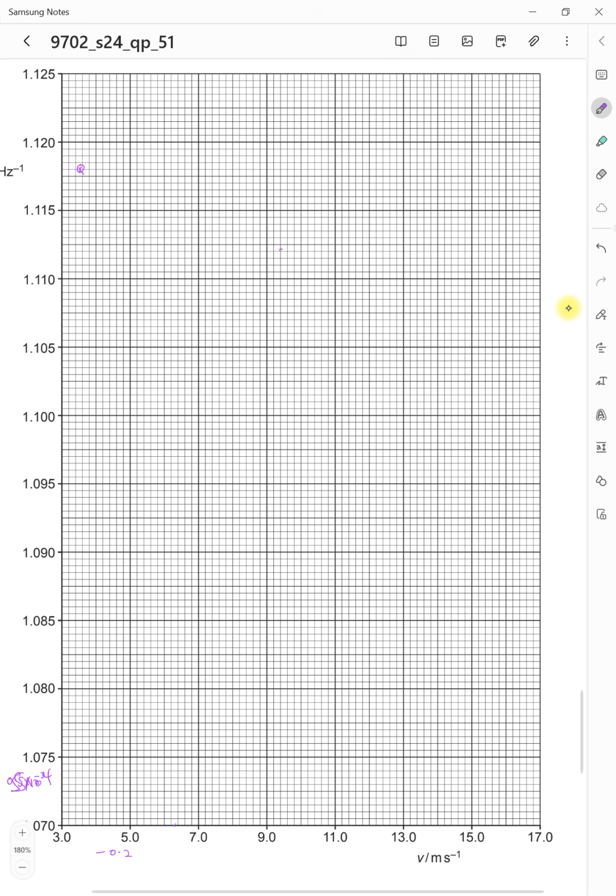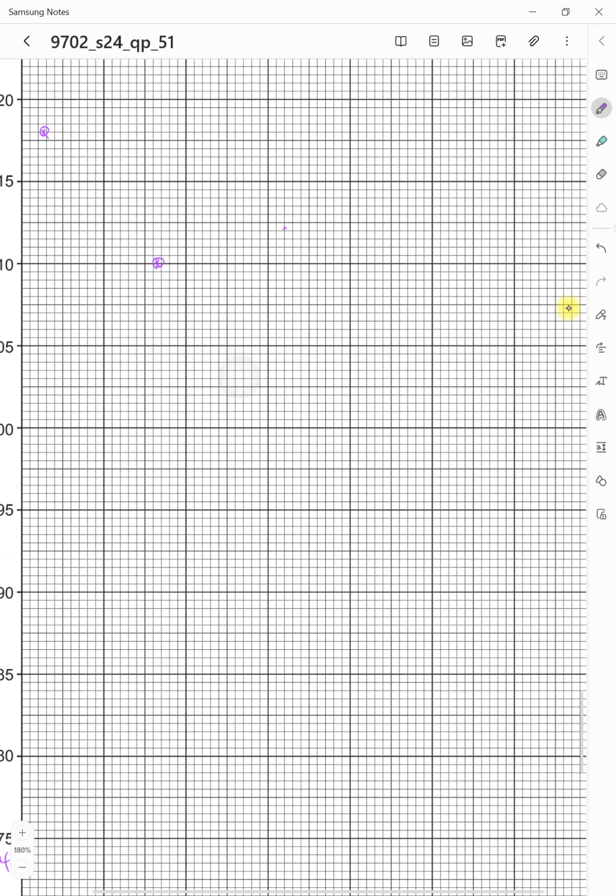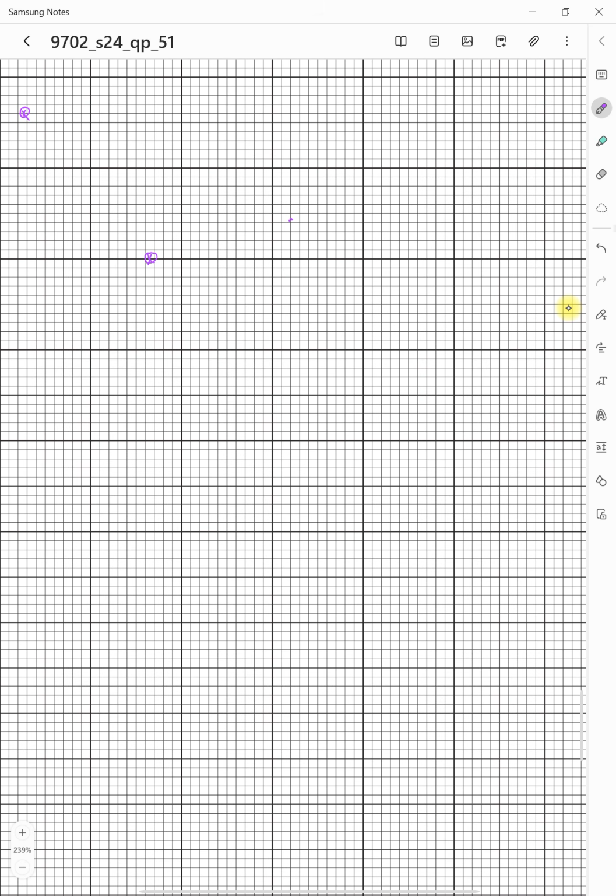So 6.3 against 1.110 is this point here. So that is the point, in the middle of the box.